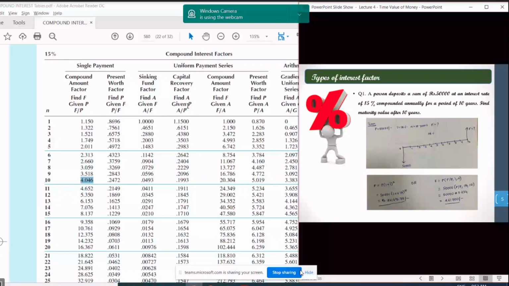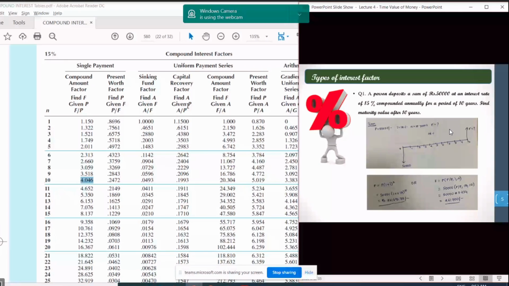Any confusion here? Whether you can identify, any difficulty here? Students, any problem? No, sir. Any difficulty?